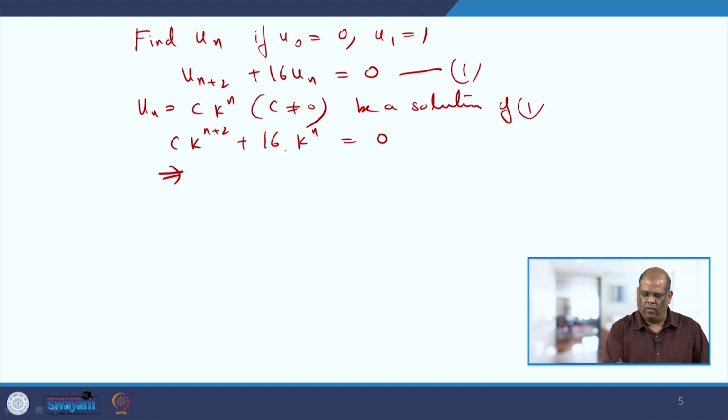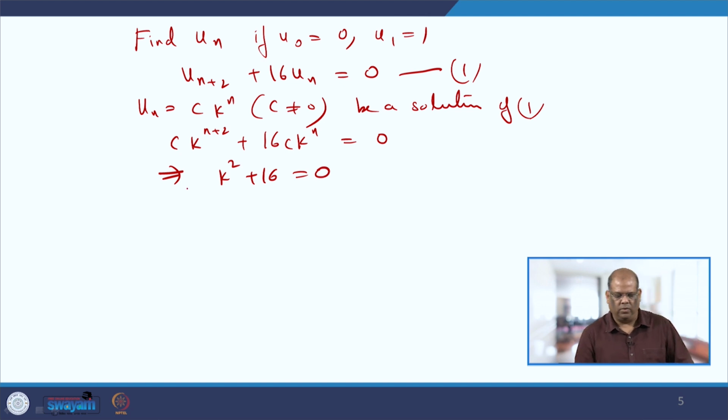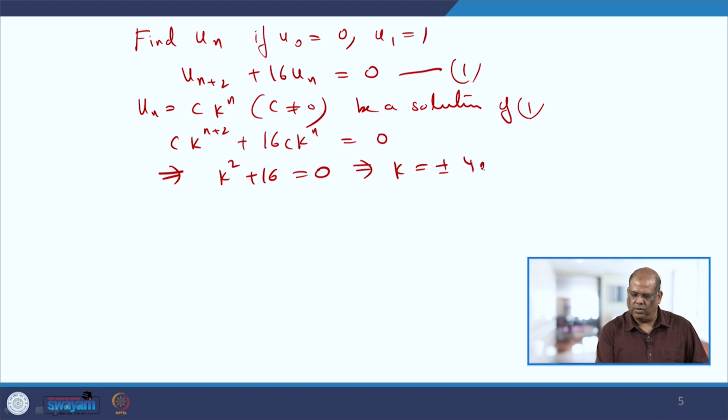This will give k square plus 16 equal to 0, as c is not equal to 0, and this will give your k is equal to plus minus 4i, because you can write this as k square is equal to minus 16 equal to 16i square.